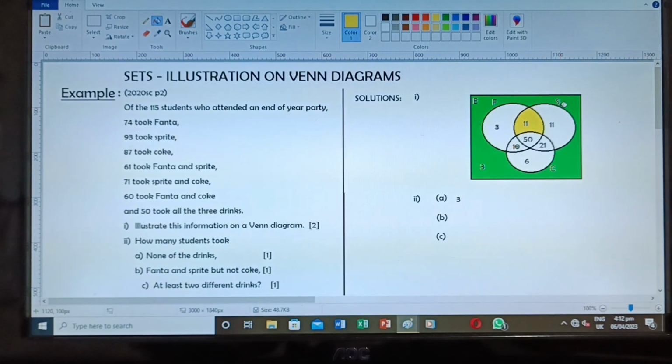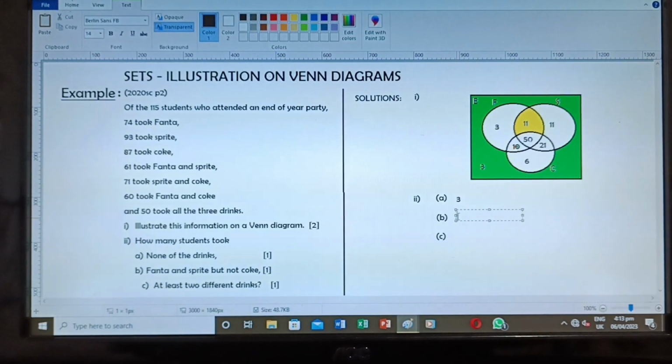So there is this other 50 who also took Coke, but we don't want this one according to the question. It says Fanta and Sprite but not Coke. This is one way of saying Fanta and Sprite only. So the answer here that we are supposed to put here is 11.